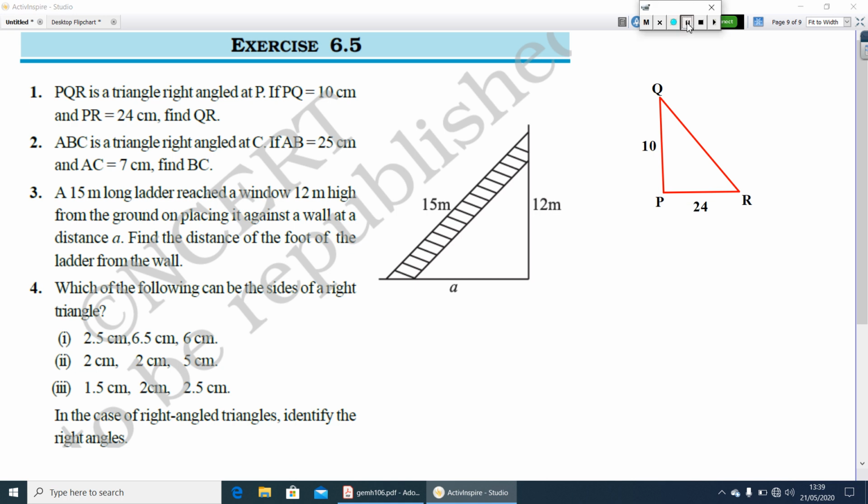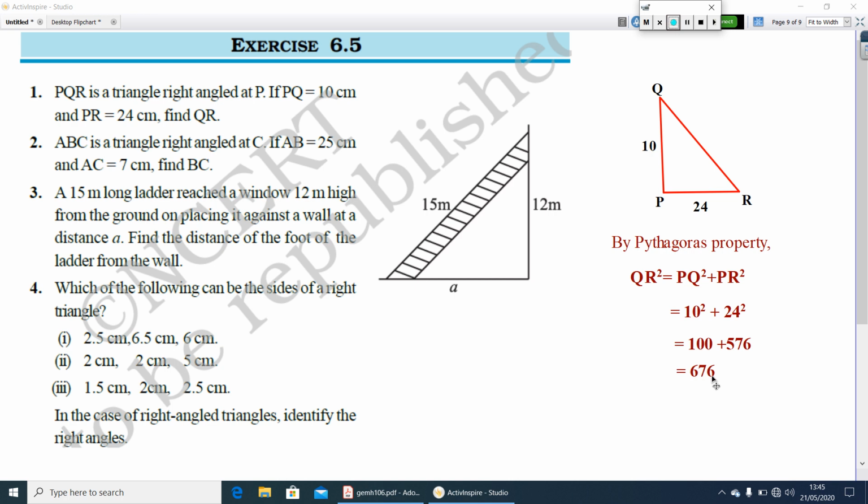Now you can write QR square is equal to PQ square plus PR square, that is 10 square plus 24 square, that is 100 plus 576. 24 square means 24 into 24, that is 676.